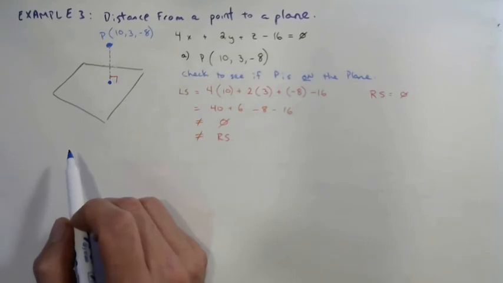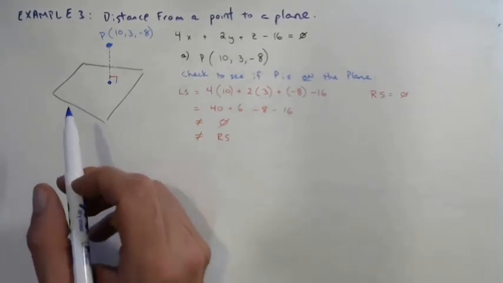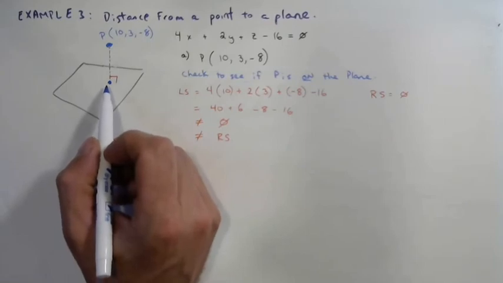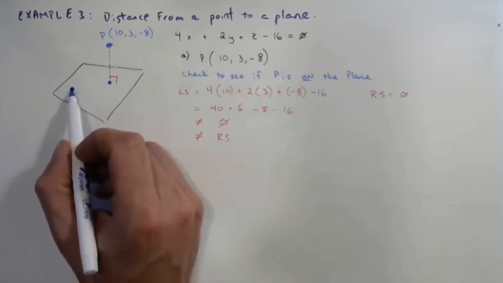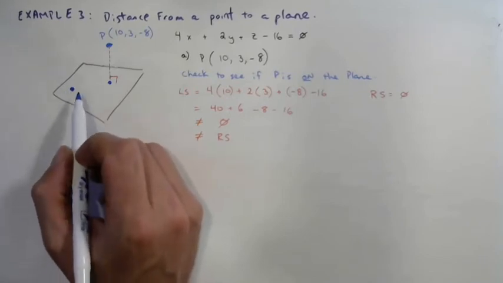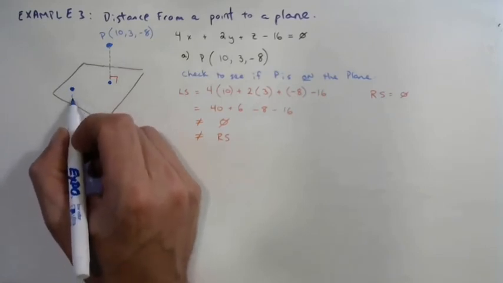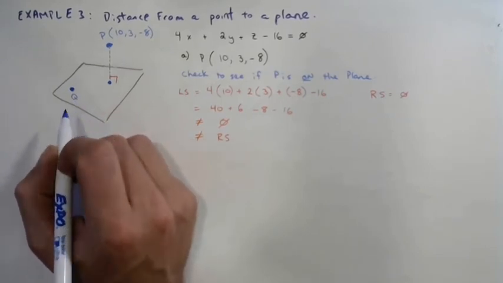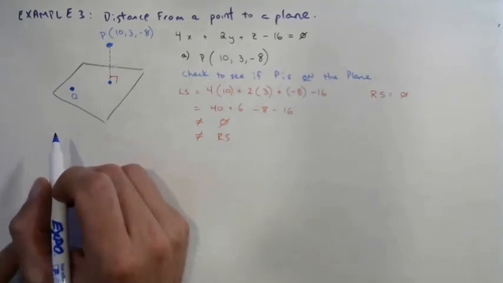So what I can do is actually use a similar strategy to the one we used a little while ago. And what I can do is I can pick any arbitrary point that is on the plane. Okay, so I'm going to name our points. We're going to have point Q over here. And what it's going to be is it's going to be any point on the plane. Well, how do I do that?